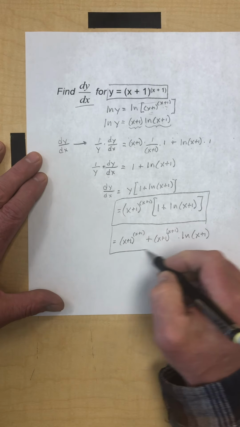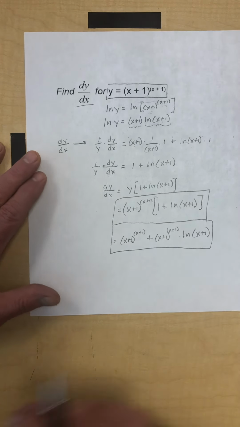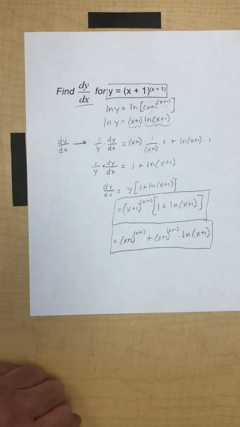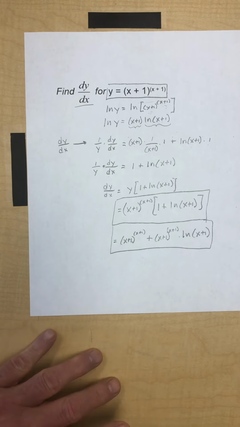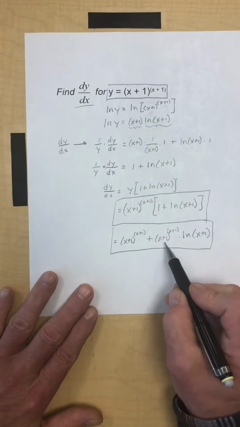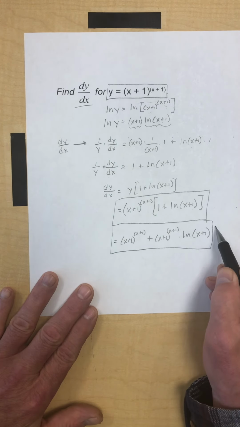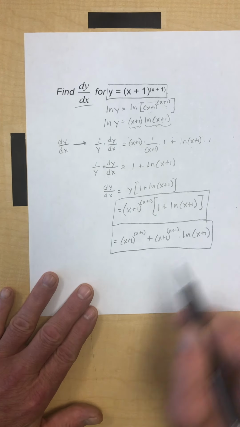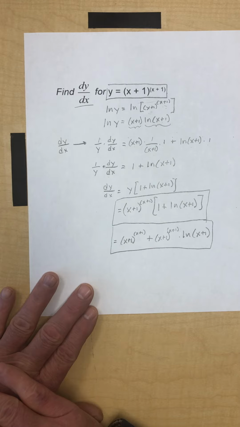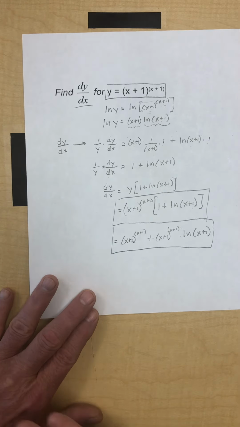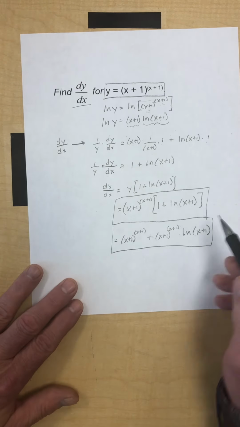That's perfectly fine. I do not see how we can mess around with it much more to make it any easier to look at. Because certainly I do not want to take this whole thing and move it back in exponent form, because that would be about as ugly as it gets. So I'd probably leave that go. And that's about it. Those are the two forms that I would accept.